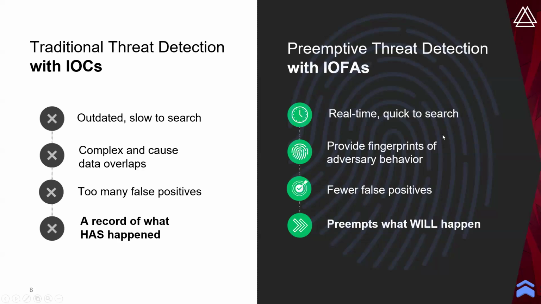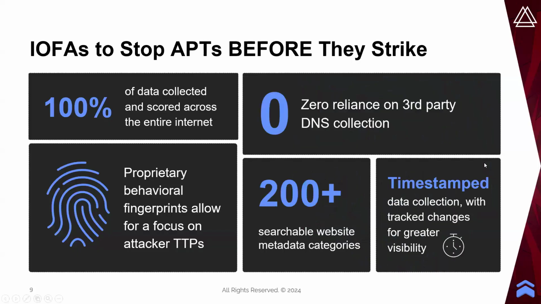By focusing on the early stages of an attack's life cycle, IOFAs provide organizations with that window to take preventative measures, again, whether that be by blocking malicious domains, strengthening their defenses off of those feeds, or alerting internal teams to potential risk. And we'll talk a little bit more about specifically how this translates to stopping APT groups here.